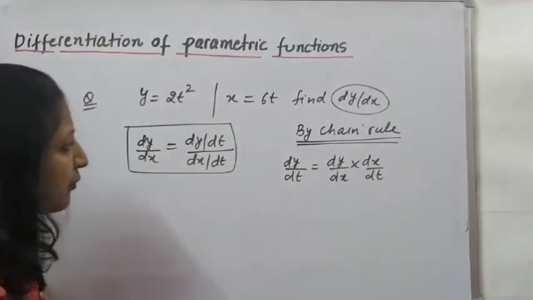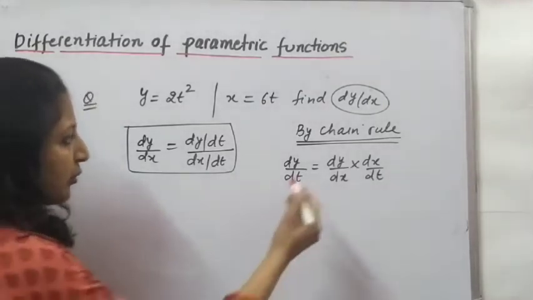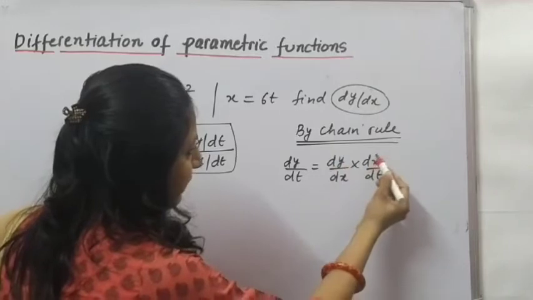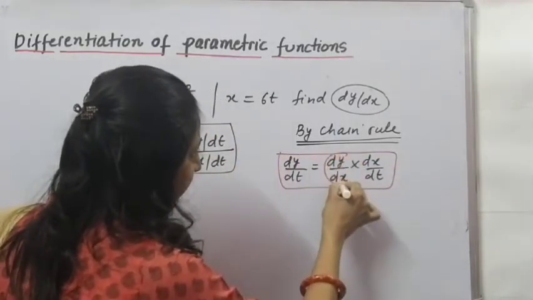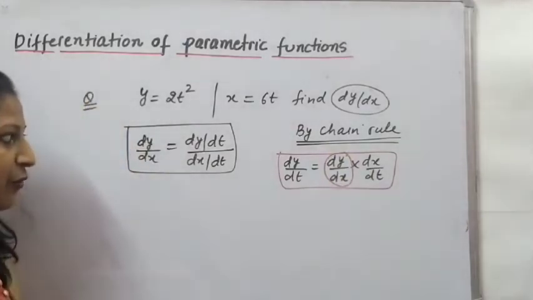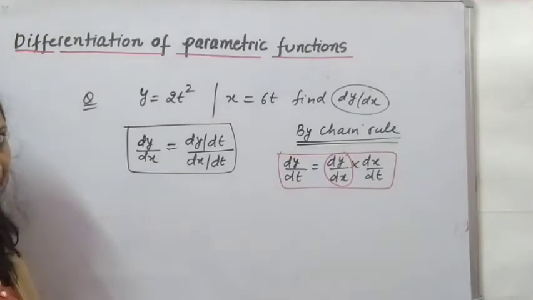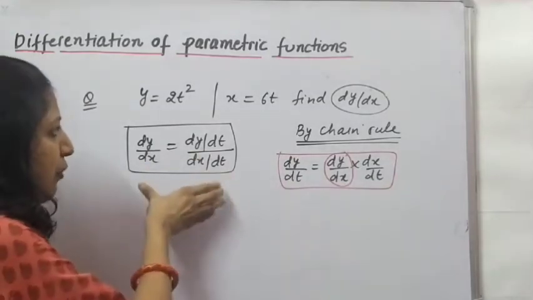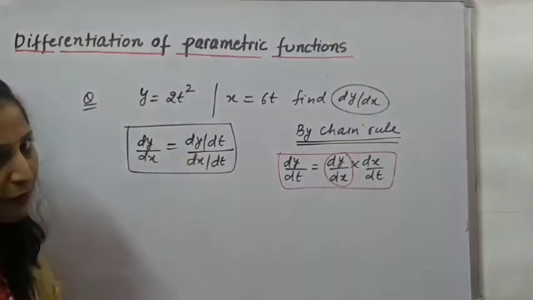That is, the derivative of y with respect to t is equal to the derivative of y with respect to x multiplied by the derivative of x with respect to t. And from here, what will be the value of dy by dx? The value of dy by dx will be dy by dt upon dx by dt. Right students? So this is the formula for finding the derivative of a function in parametric form.